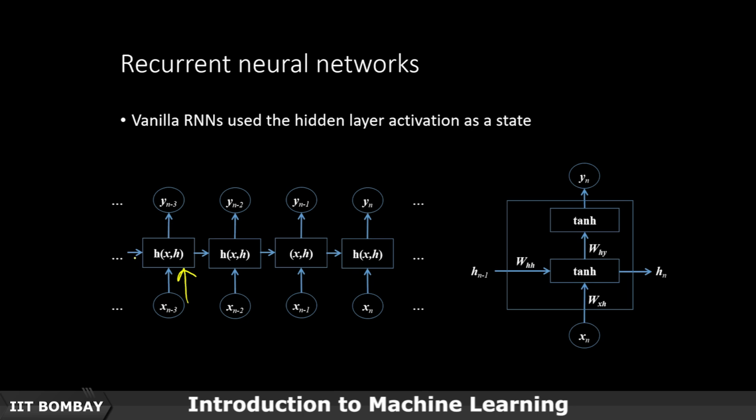Inside this, we have a weight that multiplies with x, but then the previous hidden state gets multiplied with another weight matrix. This is a square weight matrix. The first one need not be square, it can be rectangular, but this has to be square because it takes the previous hidden state of whatever dimension and produces an output of the same dimension.